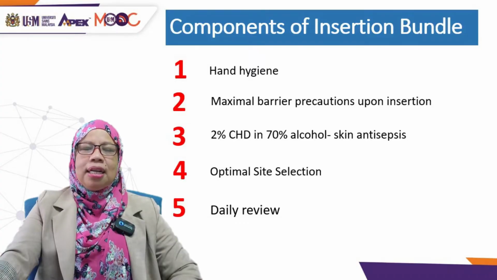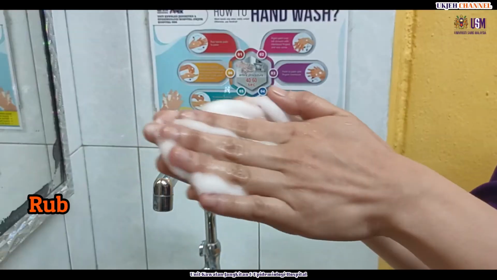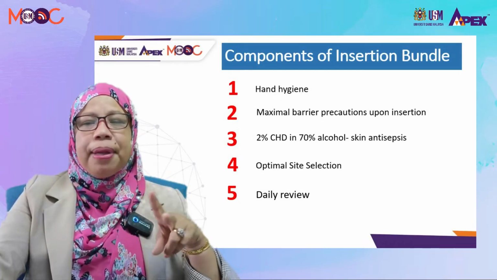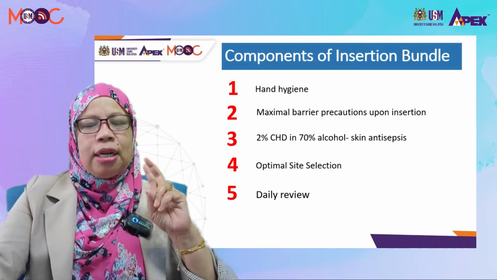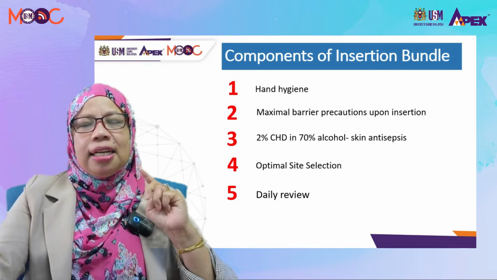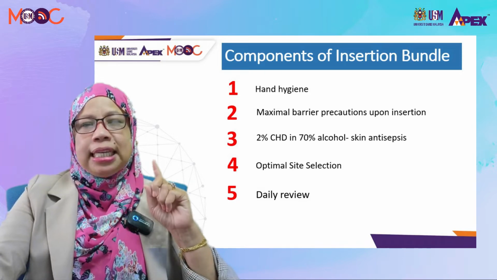Next, this slide shows you the components of the insertion bundle. There are 5 components. Number one, hand hygiene. If you remember, hand hygiene is everywhere. Number 2, maximal barrier precaution upon insertion for the operator and also for the patient. Number 3 is the use of proper skin antisepsis.